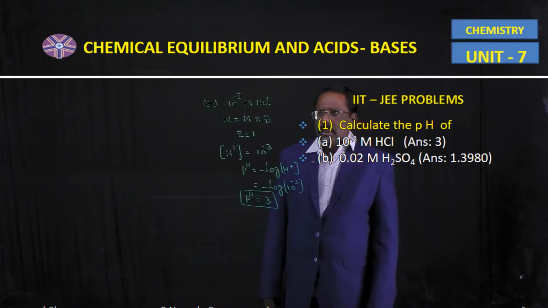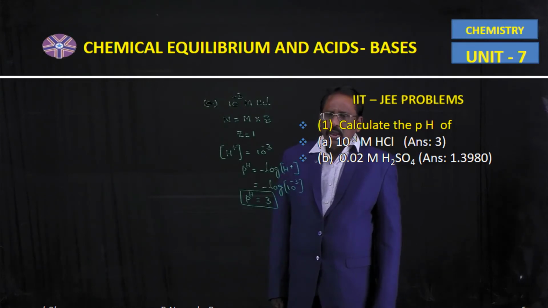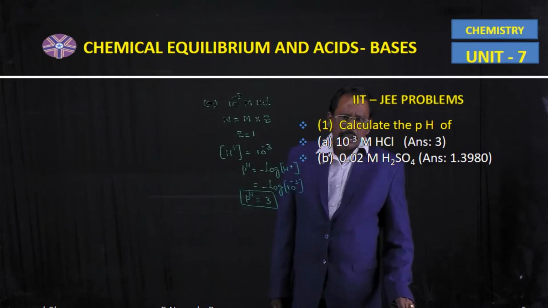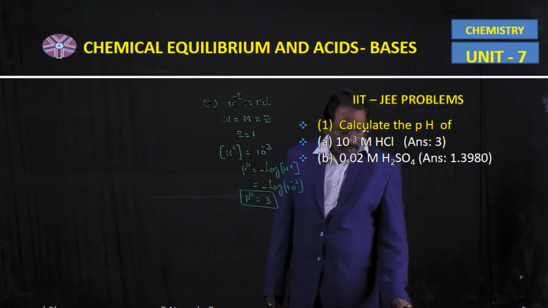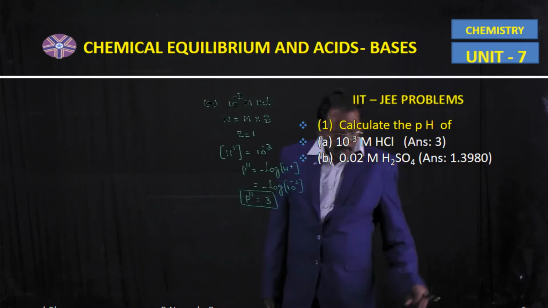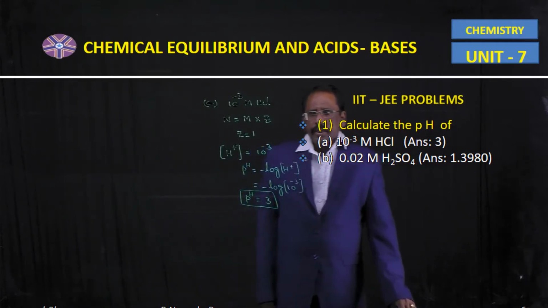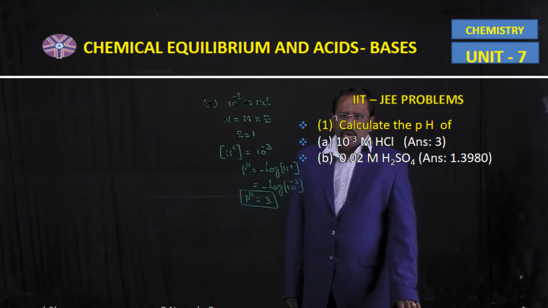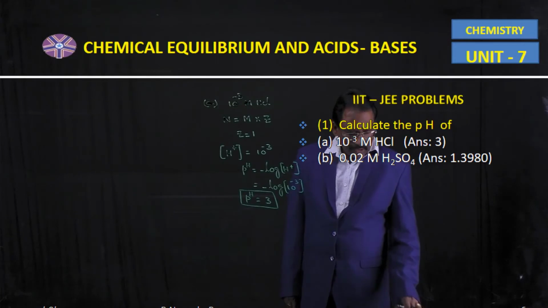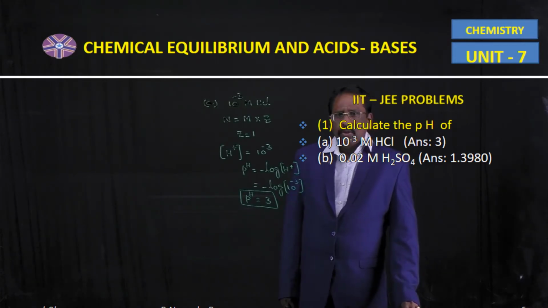Log 1 is equal to 0, log 2 is equal to 0.3010, similarly log 3 is equal to 0.4771, log 4 is equal to 0.6020, log 5 value is 0.6990, and log 6 is equal to 0.7781.